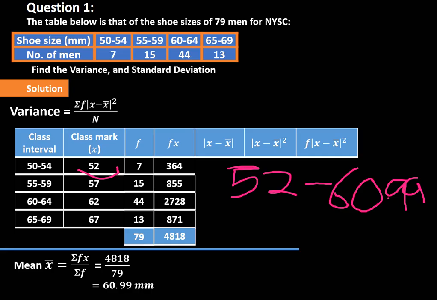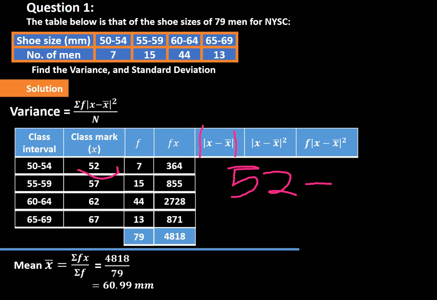So I'm going to be having a result of negative, but because of this absolute symbol, I'll be neglecting the negative, because if you do 52 minus 60.99, you're going to be having negative. That's the meaning of the absolute. We need the absolute value.